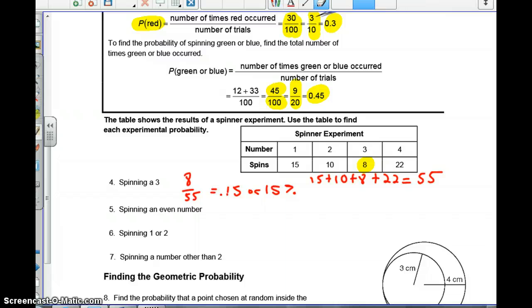Okay, to spin an even number, that can happen 2 different ways. 2 is an even number, 4 is an even number. So you're going to do 10 plus 22 over 55, which is 32 over 55.